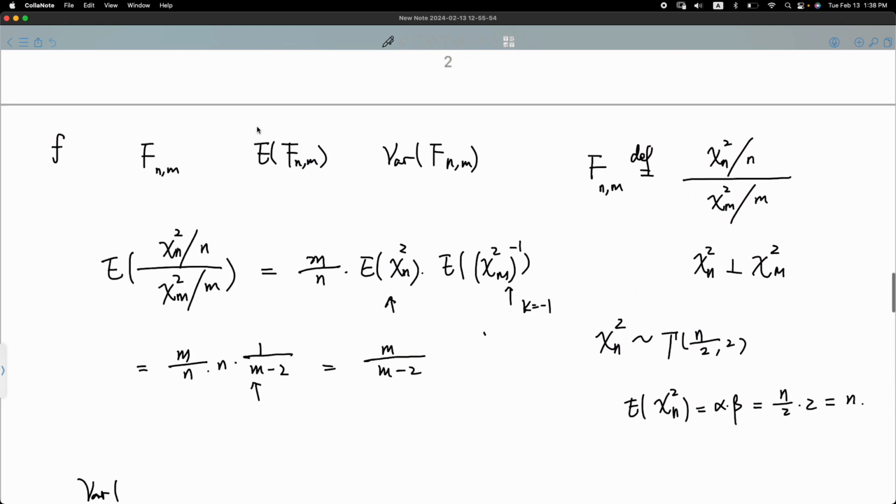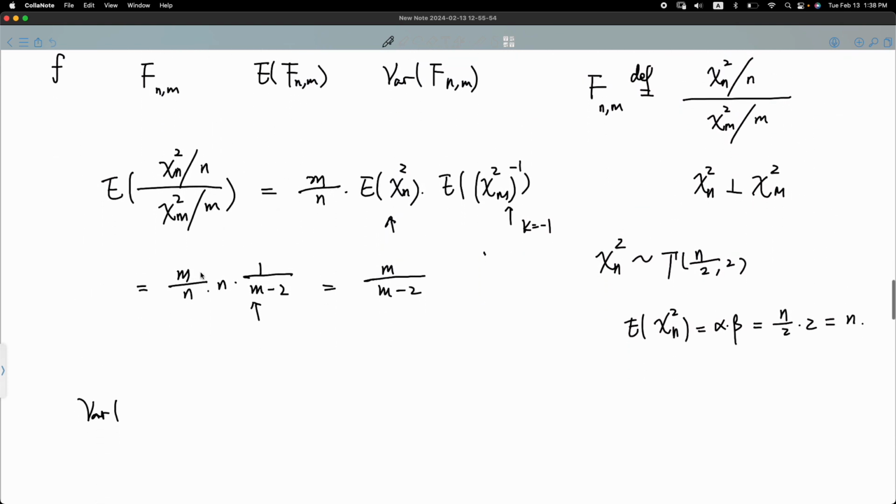And next, we also need to evaluate the variance here. Because I don't have the solution, I'm just deriving from scratch, so let me know if you see any typos. Again, we have this ratio here.